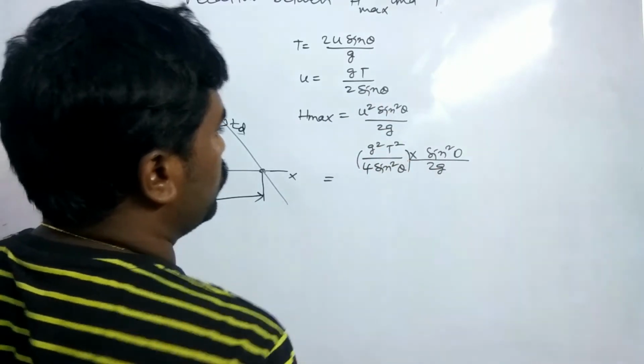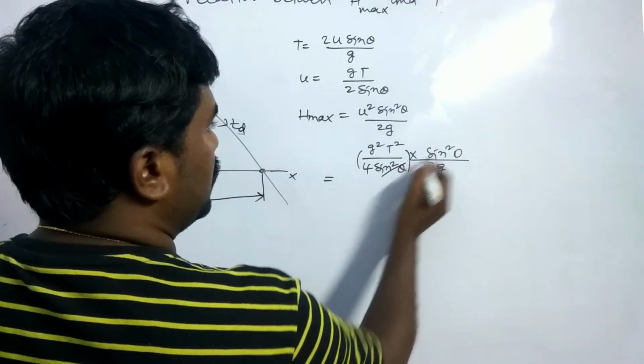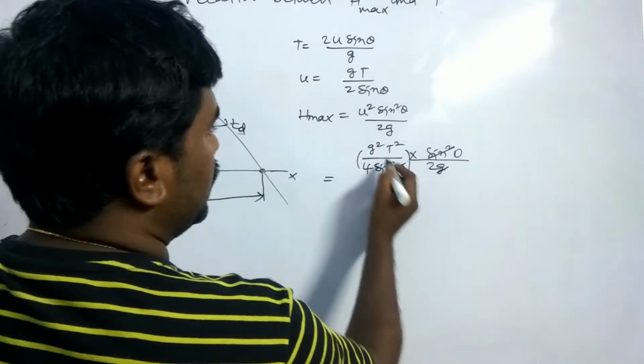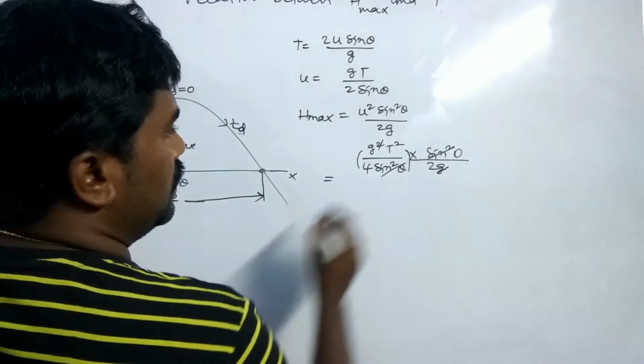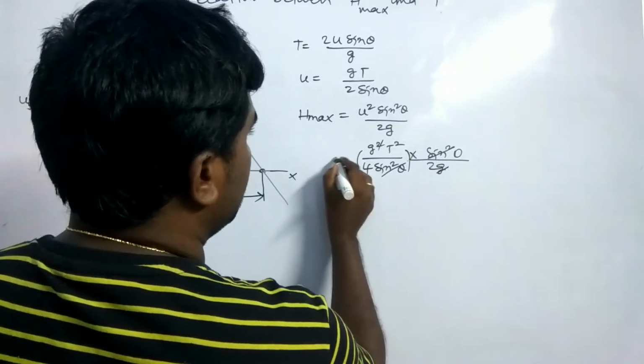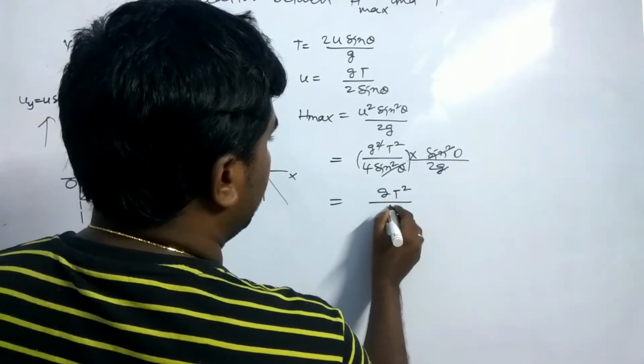So 4 into 2 is 8, and sin square theta gets cancelled, and g will be cancelled. So you can write that h maximum is g T square by 8.